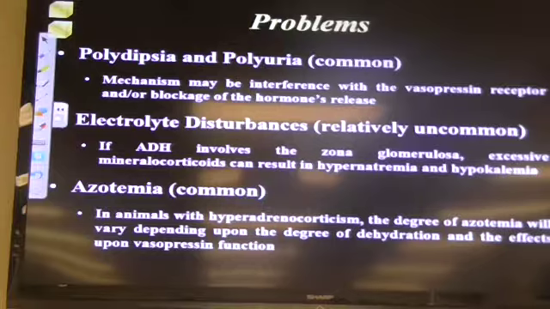Okay. Electrolyte disturbances are relatively uncommon. If the adrenal-dependent hyperadrenocorticism should involve the zona glomerulosa, you can get excessive mineralocorticoids being produced. What's that going to do to blood sodium levels? Increase them. What's it going to do to blood potassium levels? Can that be a problem? What can hypokalemia do? Well, we've got to go through the process before we get to that. What can it do?